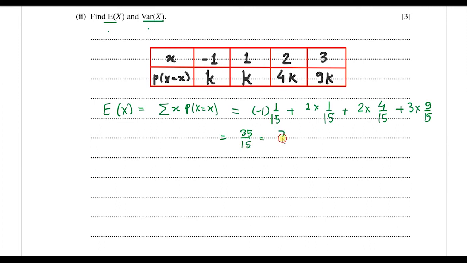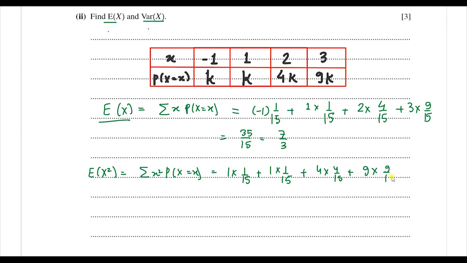So the expectation of X is 7 by 3, and for the variance of X we need to find the expectation of X squared. So it is again the summation of x squared and its corresponding probability, and it is going to be minus 1 squared, that is 1, into 1 over 15, plus 1 squared, that is 1, into 1 over 15 again, and then 2 squared, that is 4, into 4k, that is 4 over 15, plus 3 squared, that is 9, into 9k, that is 9 over 15.